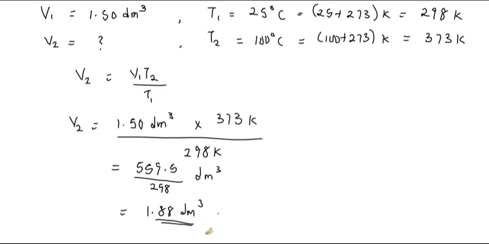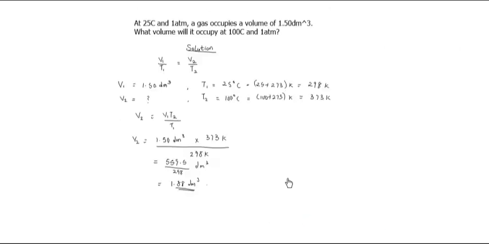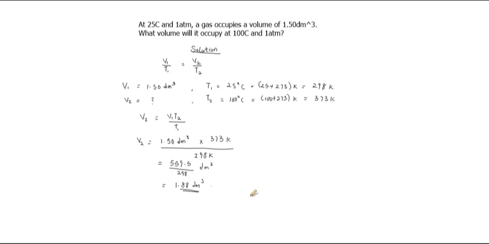So this serves as the final answer. That means we've gotten V2 to be 1.88 dm³. And according to the question, we can say that the volume the gas will occupy at 100 degrees Celsius and 1 atmospheric pressure is 1.88 dm³.